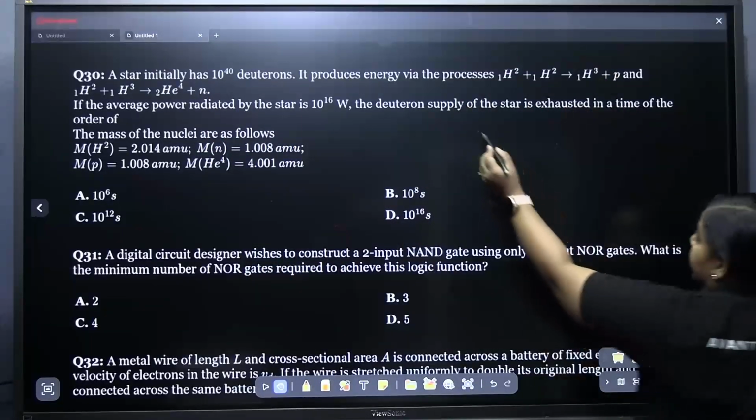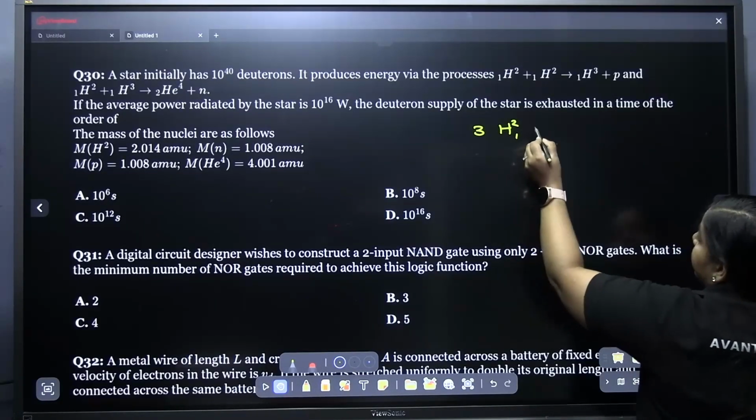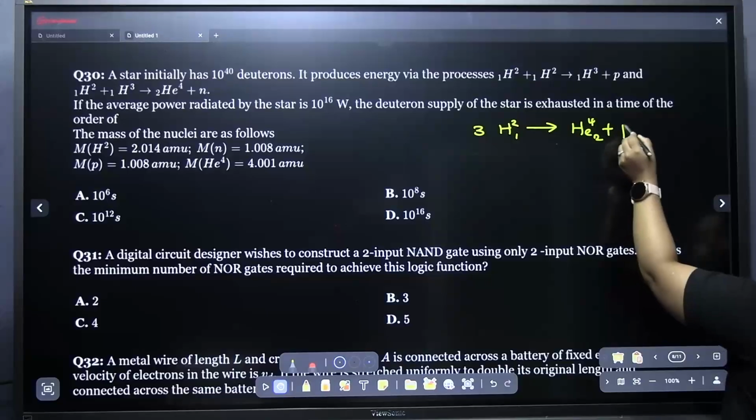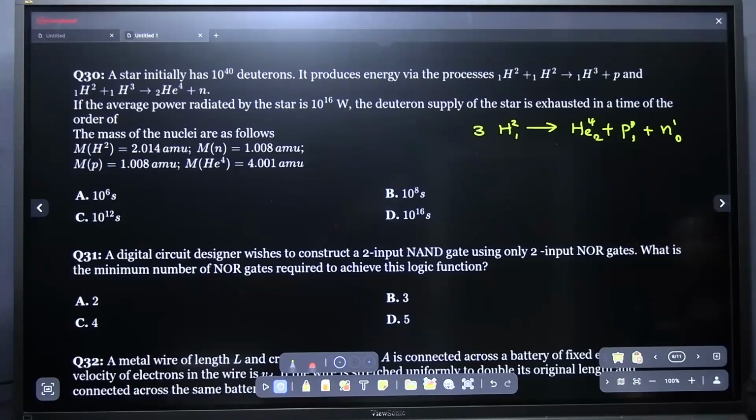So this reaction we can write as 3 H(2,1) producing helium plus proton plus neutron. Okay, this is the formula.